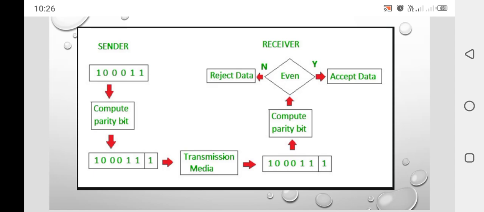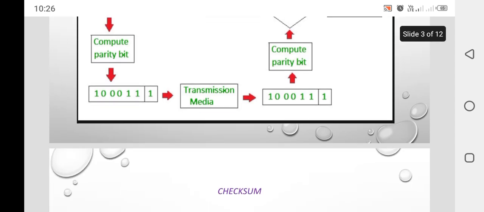At the receiver side they compute the parity bit, which is 1. If the total number of ones in the data received by the receiver is even, the data is accepted by the receiver. This is all about the even parity checker.